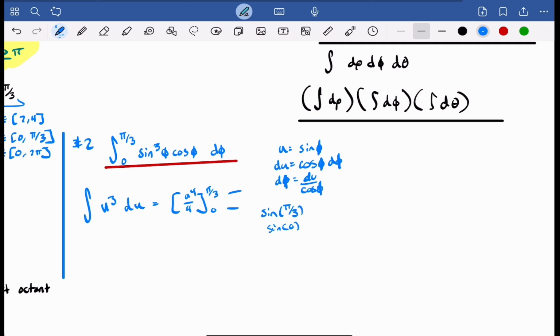Sine of 0 is going to equal 0, and sine of pi over 3, if you think about the unit circle, is going to be root 3 over 2. So we're going to have basically root 3 over 2 to the fourth over 4 minus 0, and that is going to simplify to 3 squared.